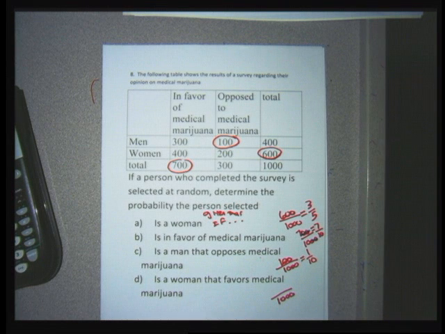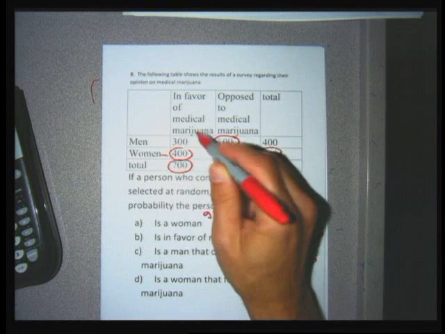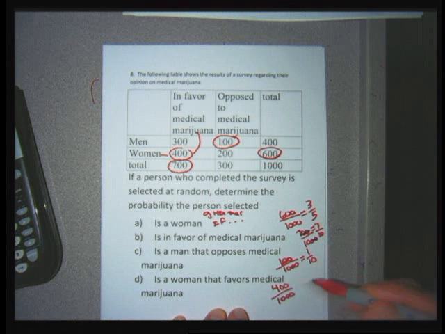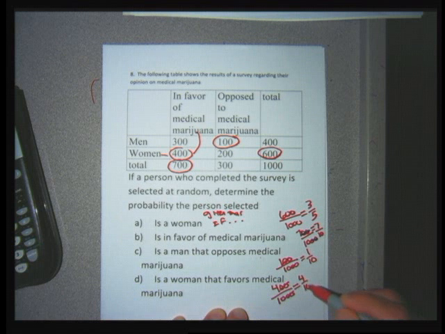Part D is a woman that favors medical marijuana. That's these 400 women, so that's going to be 400 over 1,000. Without my calculator, I just cancel the 2 zeros and get 4/10, and then I reduce it again to 2/5.